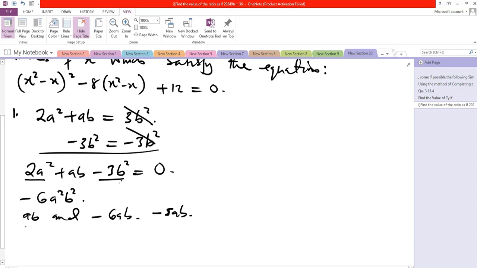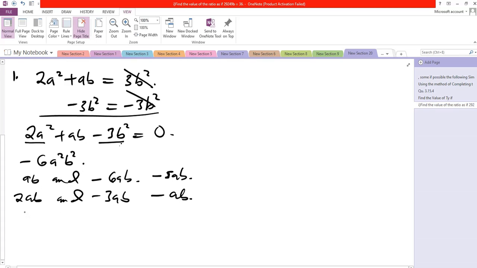Now let's check the one of 2. You have 2ab and minus 3ab. If you sum them up, it will give us minus ab. Now let's reverse this.